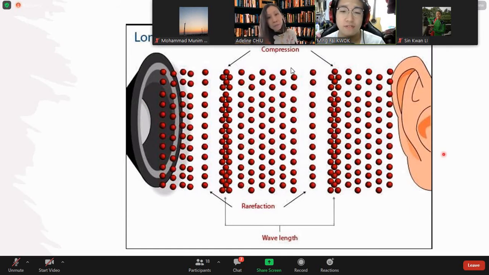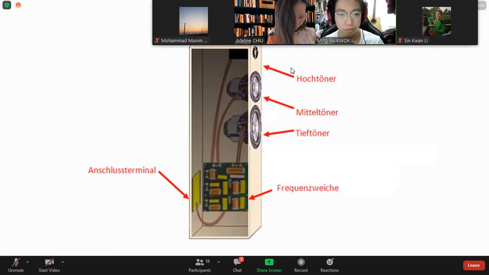The sound wave is a longitudinal wave where the medium is air, with compression and rarefaction. So we can hear. But how does a speaker or sound unit provide these longitudinal waves? Very basic.